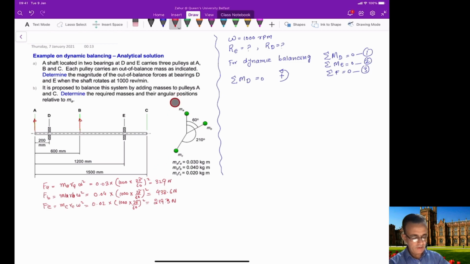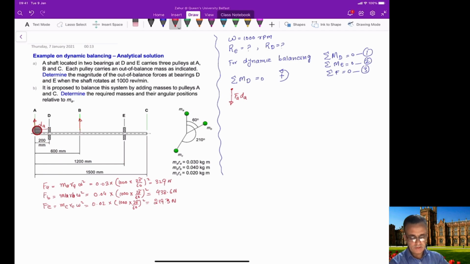Again, we are taking the direction of the moments in the direction of the forces. Similar to the previous case, the moment in this case will be FA into DA, which will be in this direction here, and DA is actually this distance here.